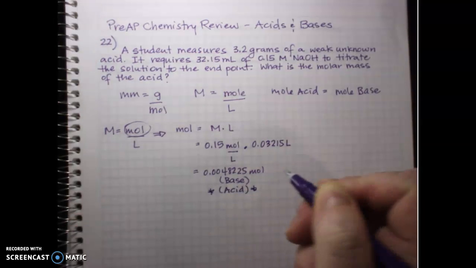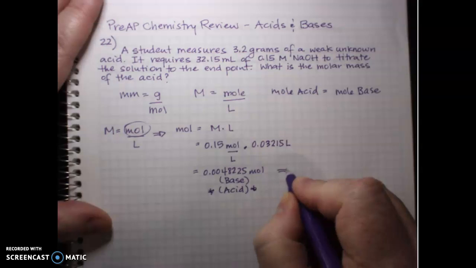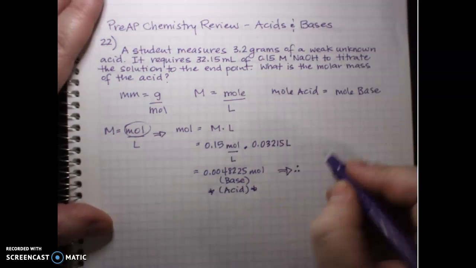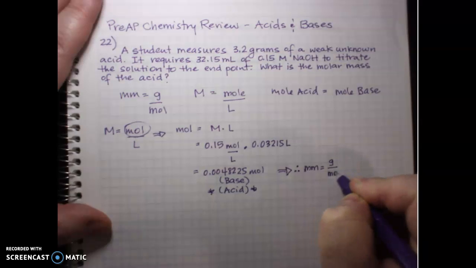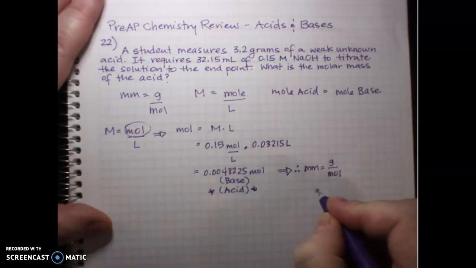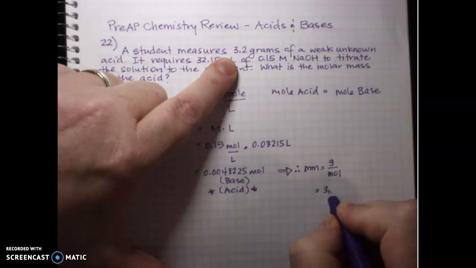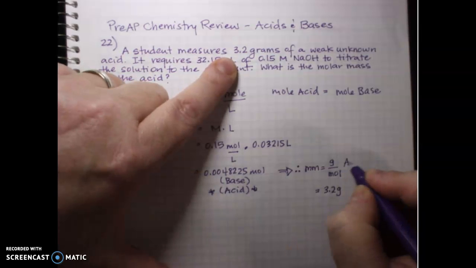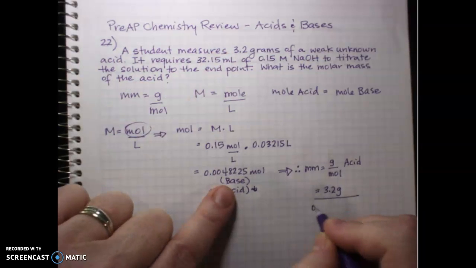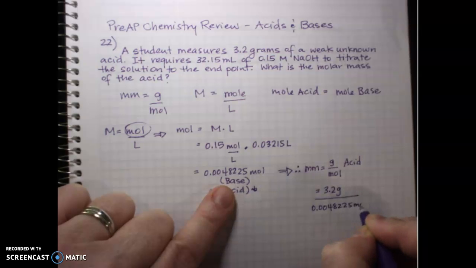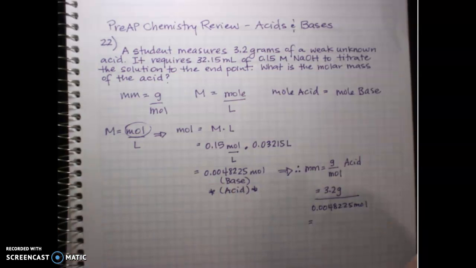Well, if we know the number of moles of our acid, we also know that molar mass equals grams divided by moles. Well, we have the number of grams, 3.2 grams, this is our acid, divided by number of moles, 0.0048225 moles. I know the number of digits seems silly.